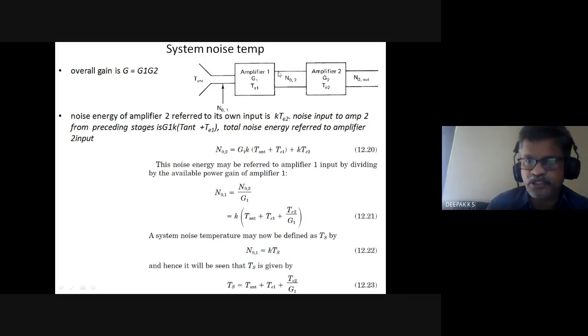So suppose there are two stages of amplifiers, gain 1 and gain 2. Here there is noise, here it is G times that. This Te is the equivalent, so whatever noise this stage is producing is referred in terms of the input as Te1, and T antenna plus Te1. So again you get here, come here. Then again, you add K times T2.